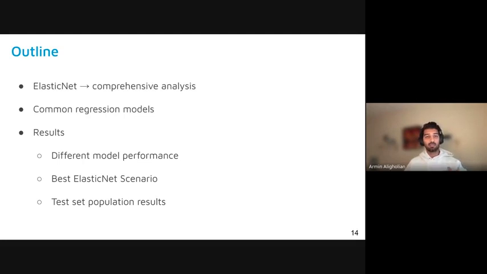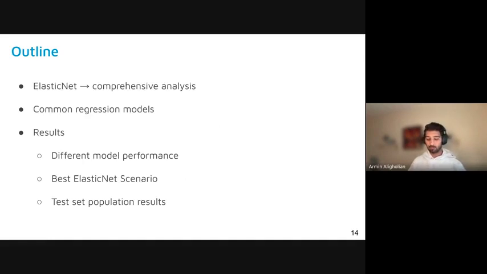At the end of the presentation, I'm going to show different types of results. The first result would be the different model performance, the selected version of all of those models that I explained above. And we'll show which of the scenarios that we explored for the elasticnet were the best ones.